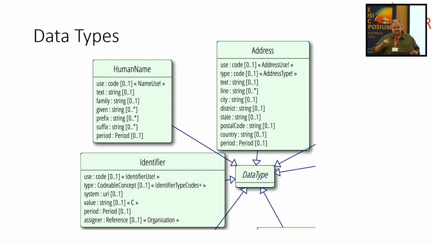So for instance, we had a huge argument. You'll see family there is a family string 0 to 1. One family name for a patient. Calling it family has its own complications for Iceland and for Ethiopia, for instance, but we decided that we would. And also, maybe it needed to be 2 parts for all the Spanish cultures.